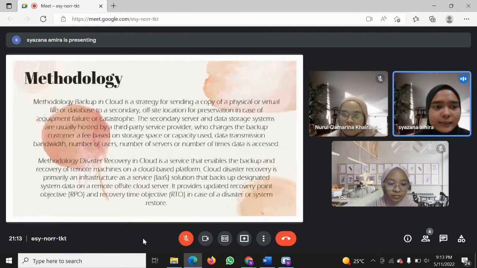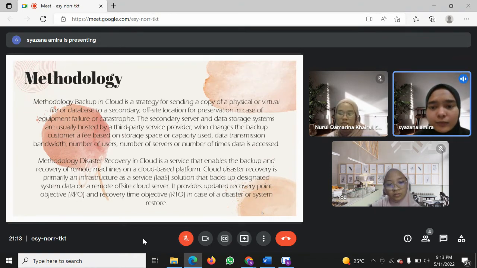So, methodology: backup in cloud is a strategy for sending a copy of a physical or virtual file or database to a secondary offsite location for preservation in case of equipment failure or catastrophe.